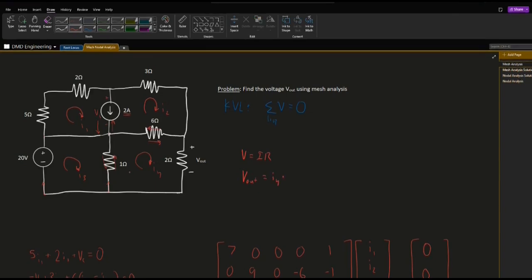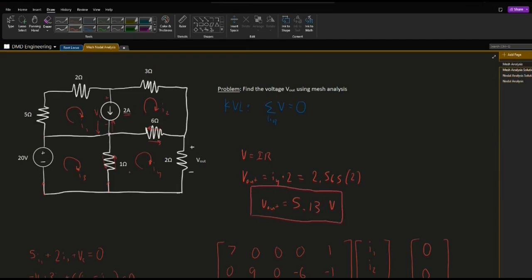So I4 times 2, and below we saw that I4 is 2.565, so 2.565 times 2, and we'll get that Vout is equal to 5.13 volts. And that is the solution to this problem.